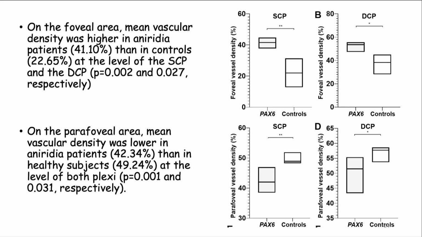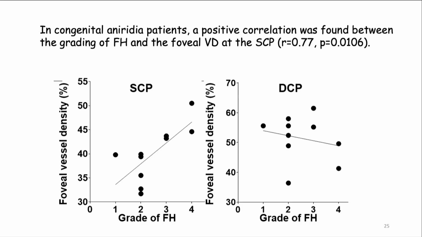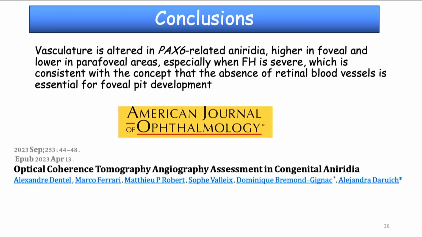Normally the fovea has no vascular feature, but in this case, that's the difference. There is higher vascular density in the central fovea, but lower in the parafoveal area. You see it here on the fovea. That's the paper we published, and you will find everything there.